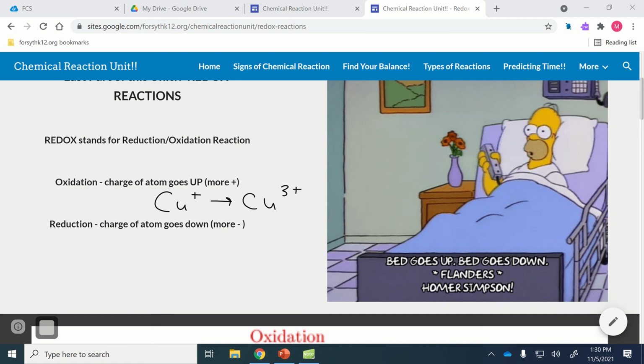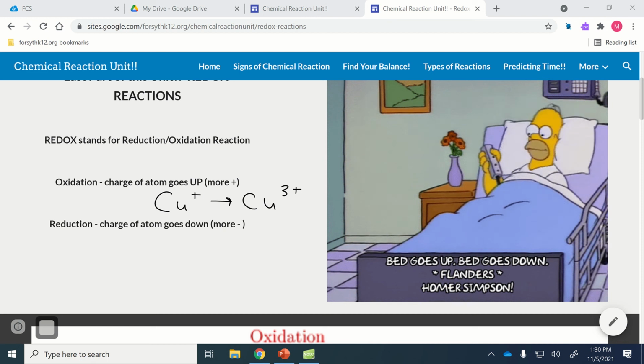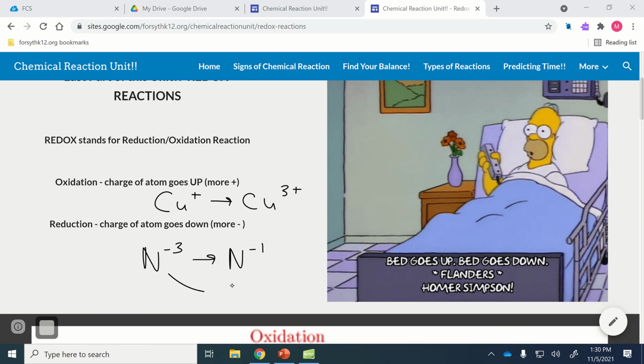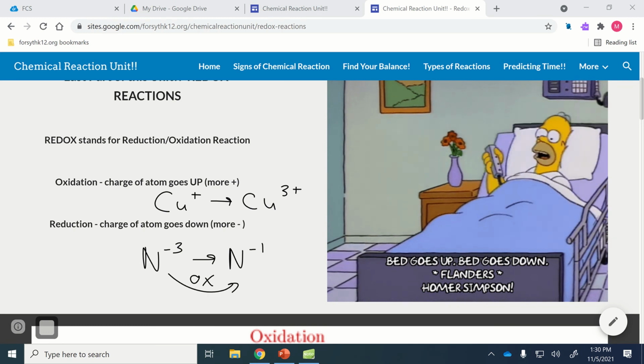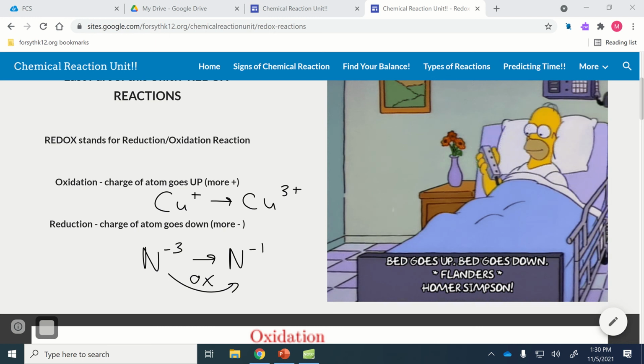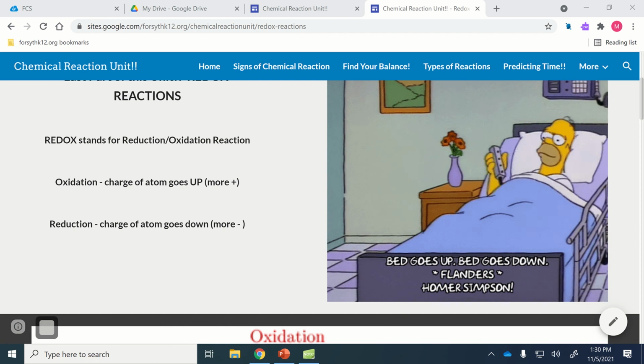One that might be a little more confusing would be something like N is -3 and then N is -1. This is being oxidized because the charge is going up. It's becoming less negative. So that's where, again, maybe just being a little careful, especially with those negative numbers. But charge up, oxidation; charge down, reduction.